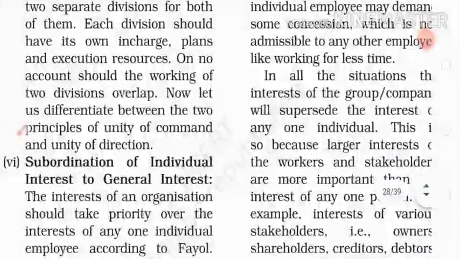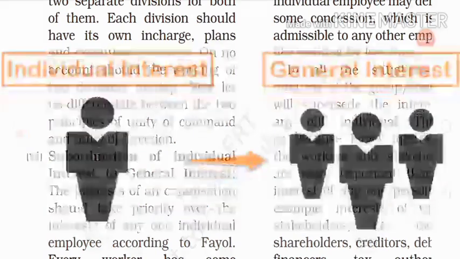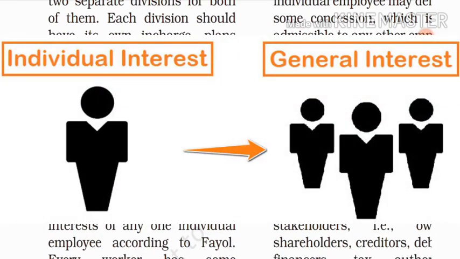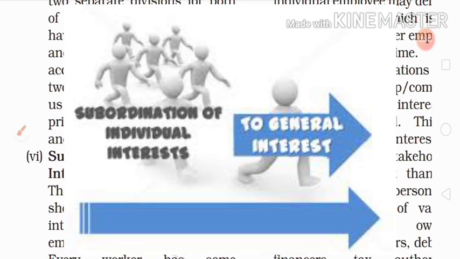Now coming to our sixth point, that is subordination of individual interest to general interest. So according to this principle, the interest of the organization must supersede the interest of individuals or employees. In the organization, all the employees are working with some objective, and there is always an objective of the organization. Got it?